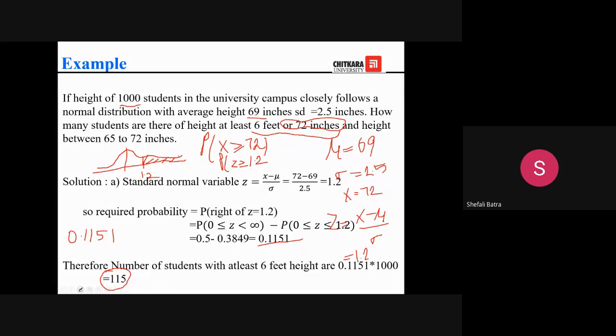Right? So now you'll be trying the second question. Now you need to find out the number of students having height between 65 to 72 inches. So in that case you need to get the values of z corresponding to x. Now one value of x is 65 and another value of x is 72. So z is equal to x minus mu upon sigma.